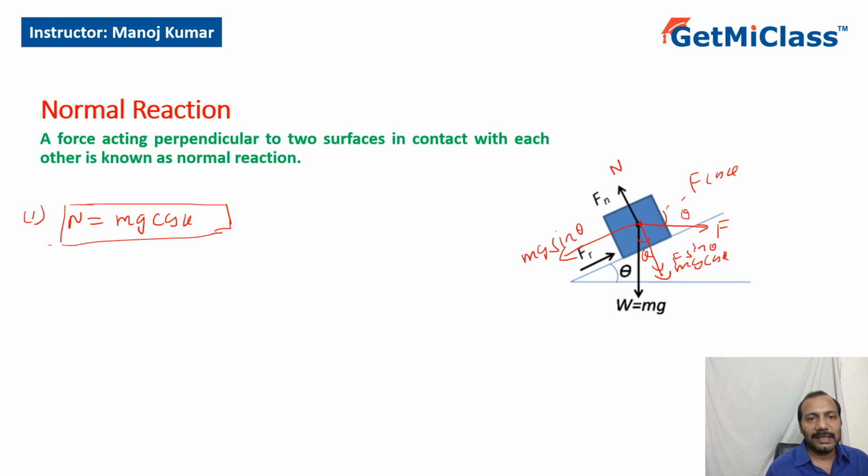Now I see that a component of F is also trying to push the block down. So in that case normal reaction would become F sin theta plus mg cos theta. In this way, if there is any other force other than gravity acting on an object which is placed on an inclined plane, I find the components of that force parallel to the surface and perpendicular to the surface. The component perpendicular to the surface would contribute to the normal reaction.